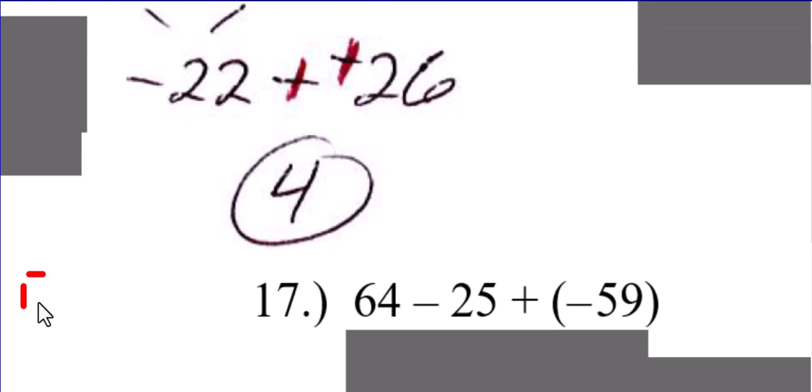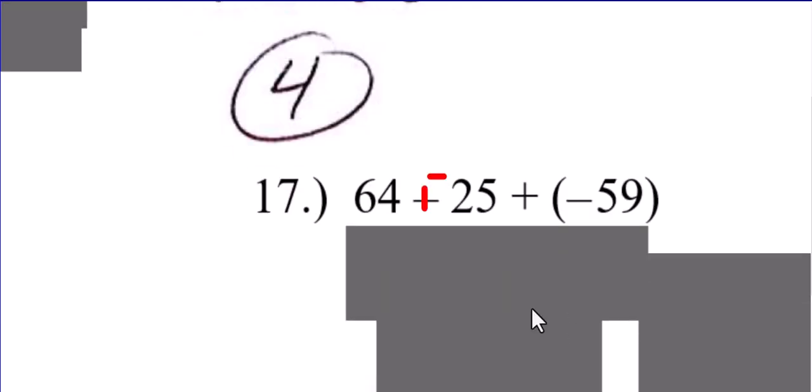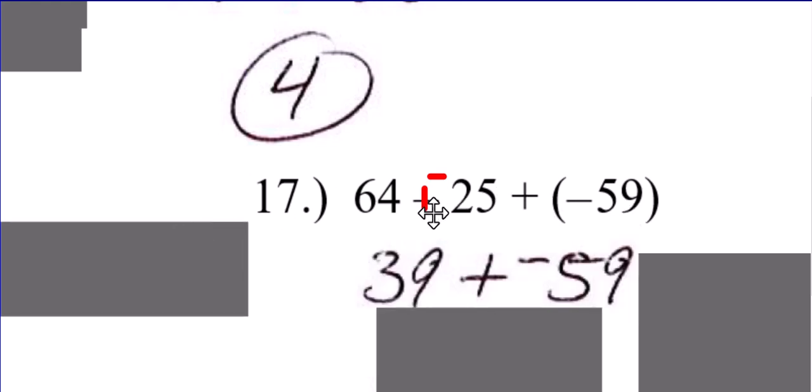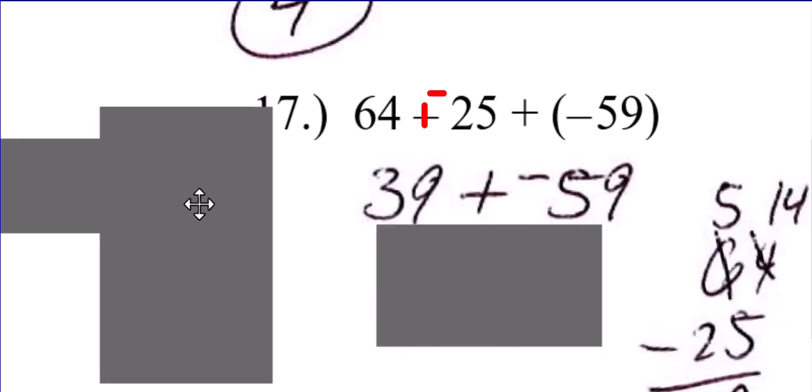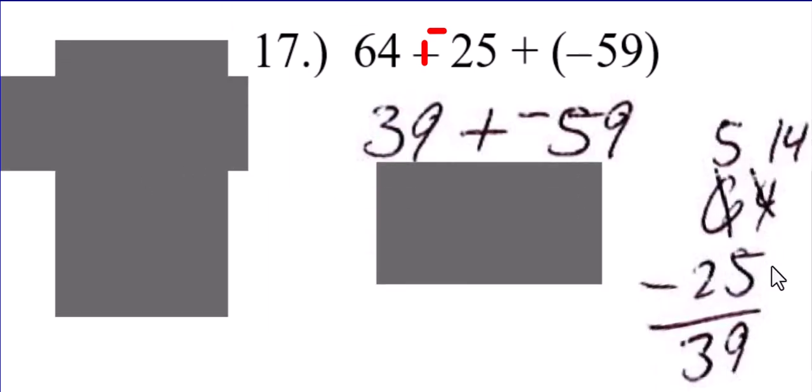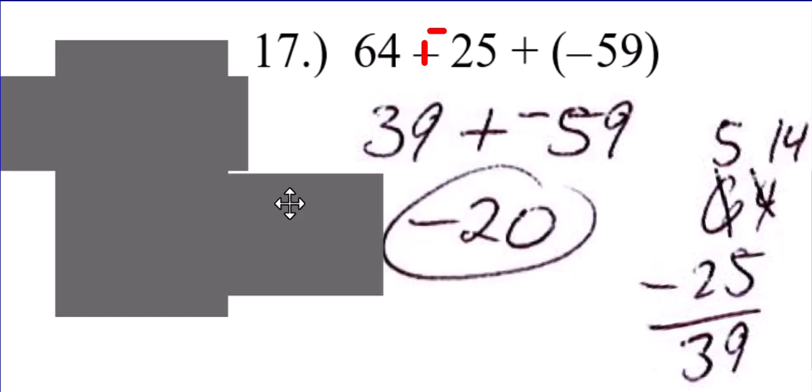Problem number 17, subtraction is the same as adding the opposite. That was here, but not here. This was already addition. You actually could do the 2 negatives first. I didn't. I went ahead and just went left to right, and I apologize if that's not the way you did this. You could do it the other way. A positive and a negative, going to subtract again.